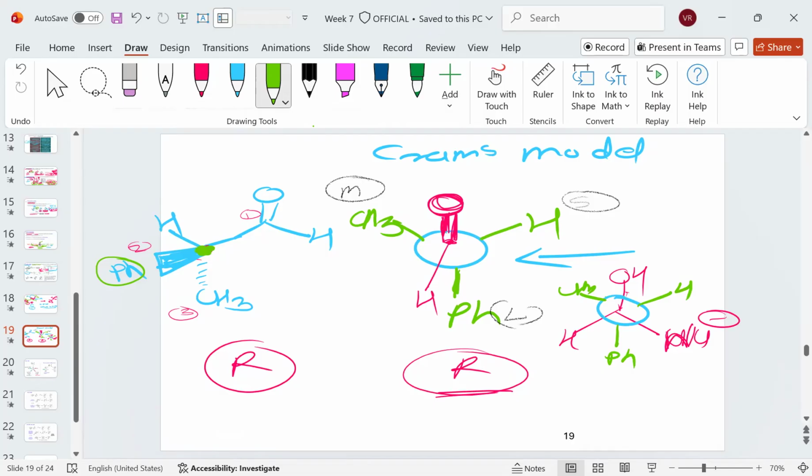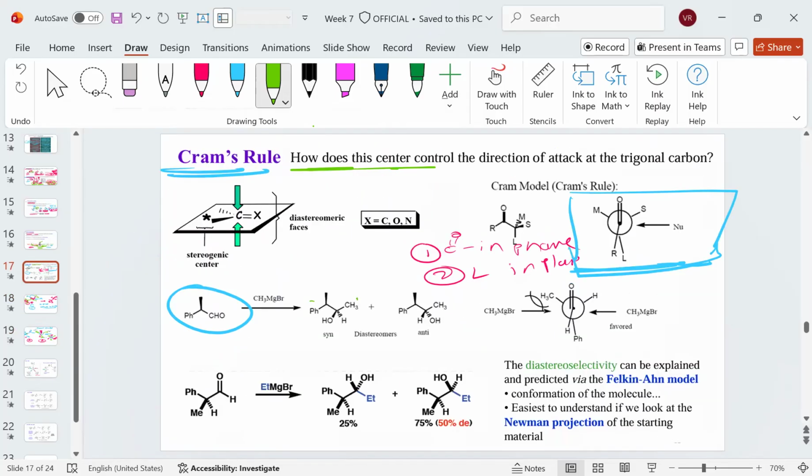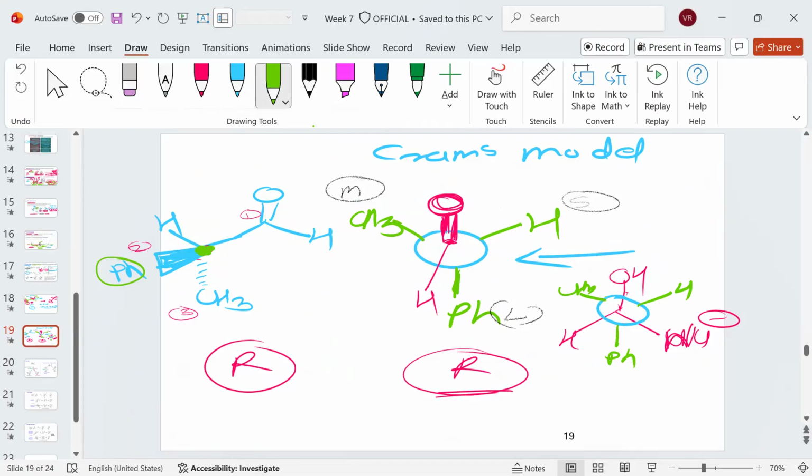So have you understood this Cram's model? This is a little bit complicated. I hope I am able to show how you can draw this Cram's model, right? And how can we convert this product into the final structure?